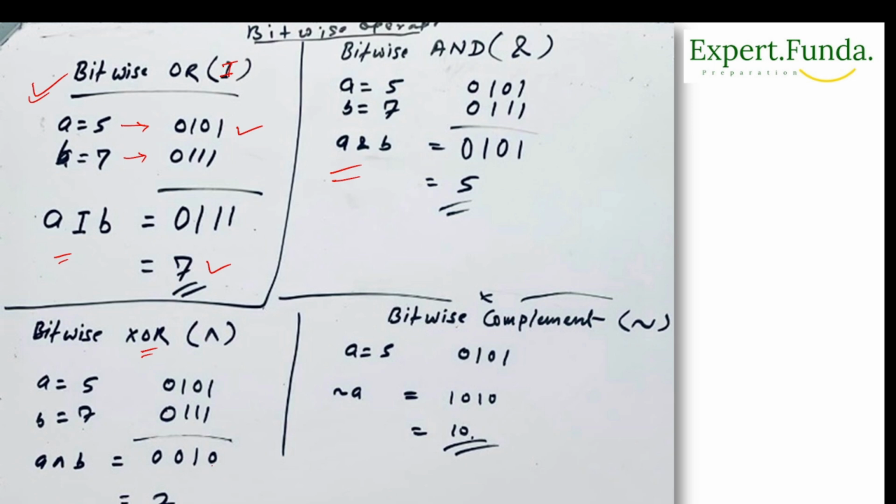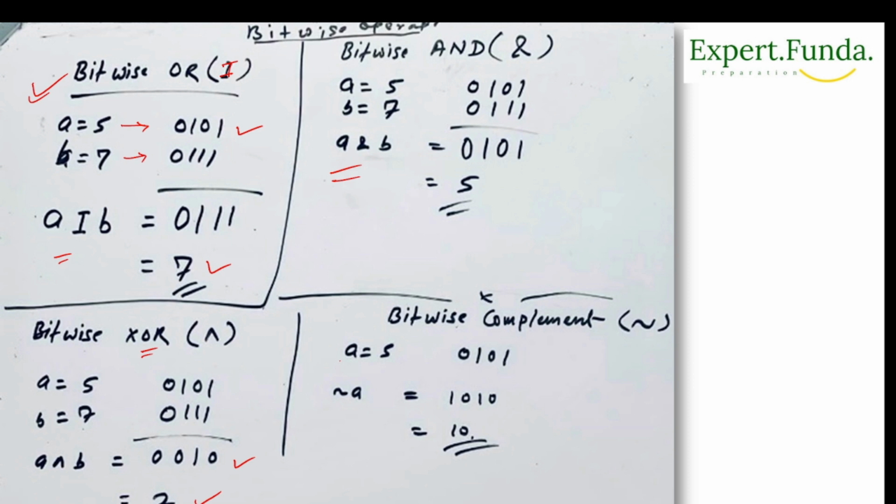If we have 1 1, then it will become 0, and if it is 0 0, it will give 0, but if it is 0 and 1 like a switch, then it becomes the alternative value. There is a 0 and 1, so it becomes 1, so we will get 2. So if we have A XOR B, then we'll get 2 in decimal.